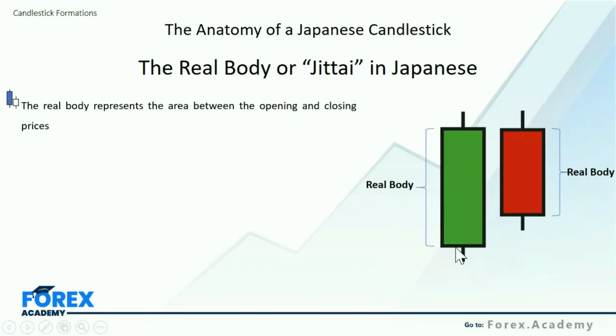So whether it's a bullish candlestick where the open is at the bottom and the close is at the top, the difference between the open and the close in this bullish candlestick is the real body, and the same for a price action to the downside. So the open price is much higher, the lower price is lower, and the difference between those two is the real body in this situation.